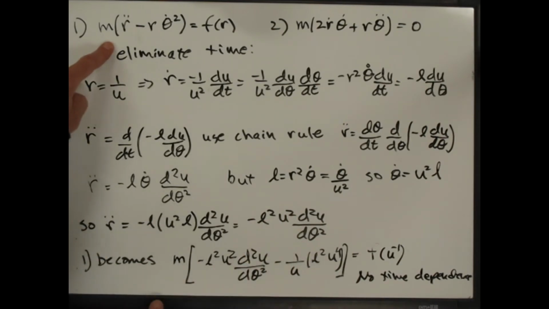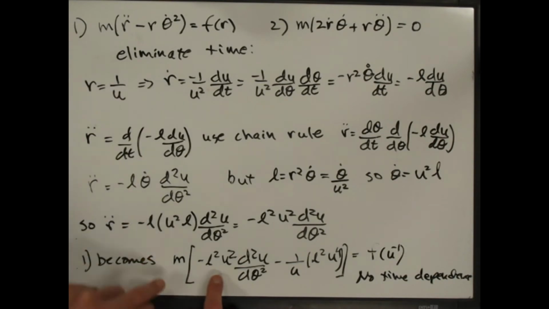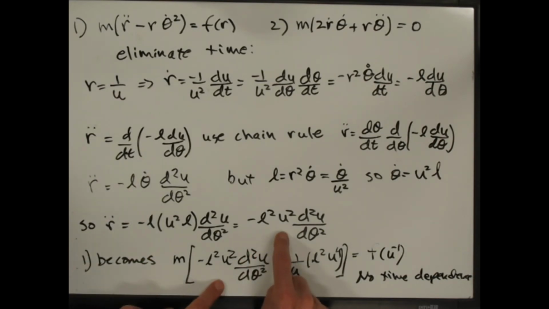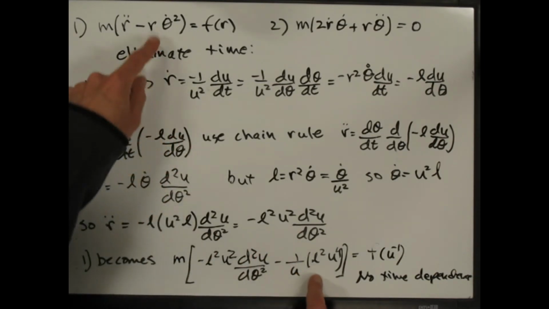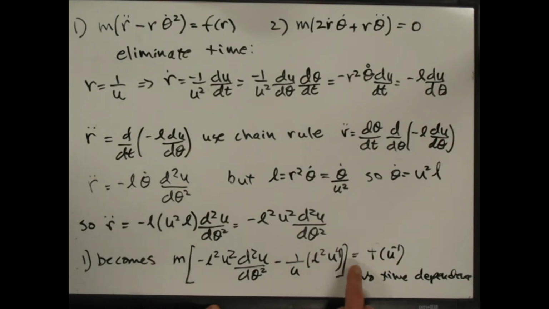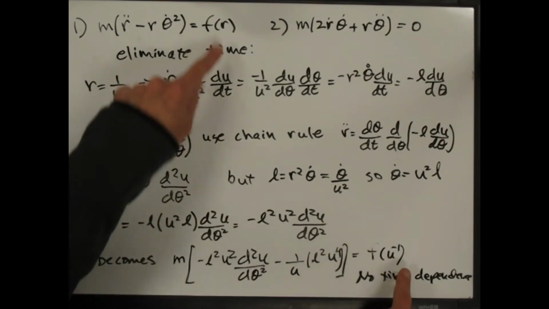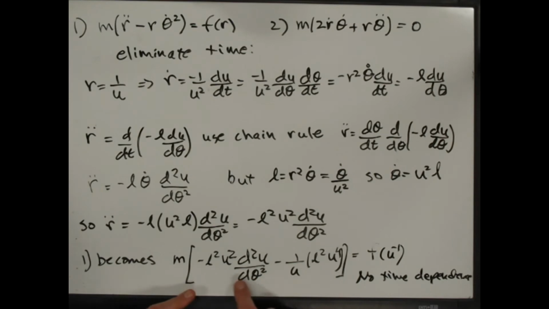And so now equation 1, which looked like this, now looks like this. It's got this r double dot term, and it's got this r theta dot squared term. And that depends on f of r, which is f of 1 over u. And so now we've got a differential equation in u and theta, and whatever our force is, and it's got no explicit time dependence. And so we're going to do various things with this.